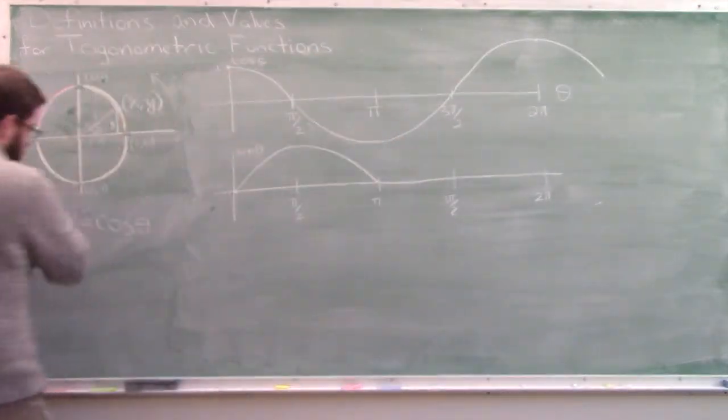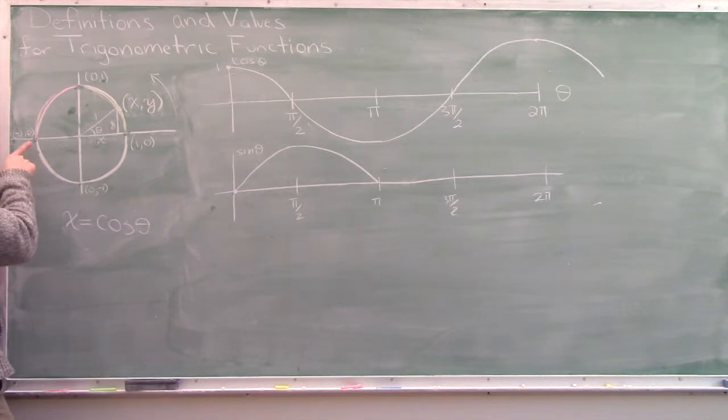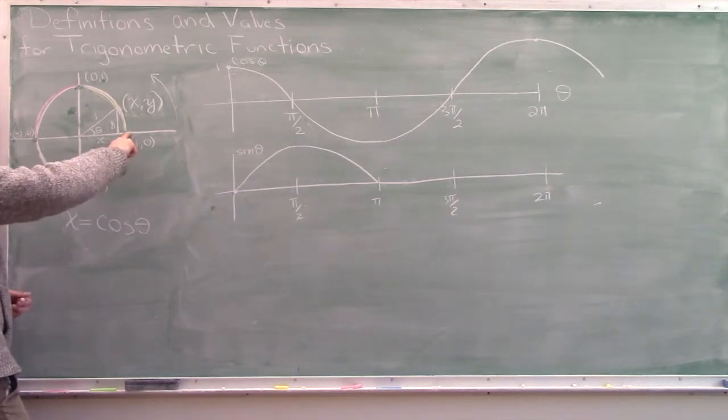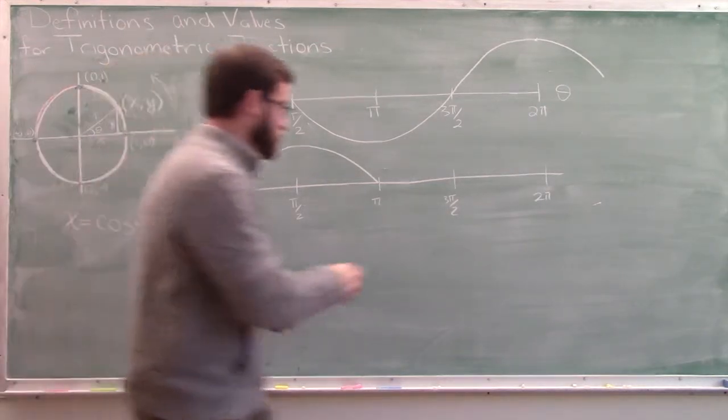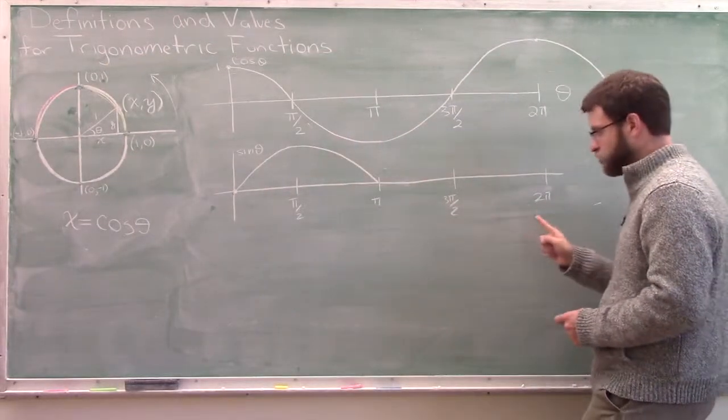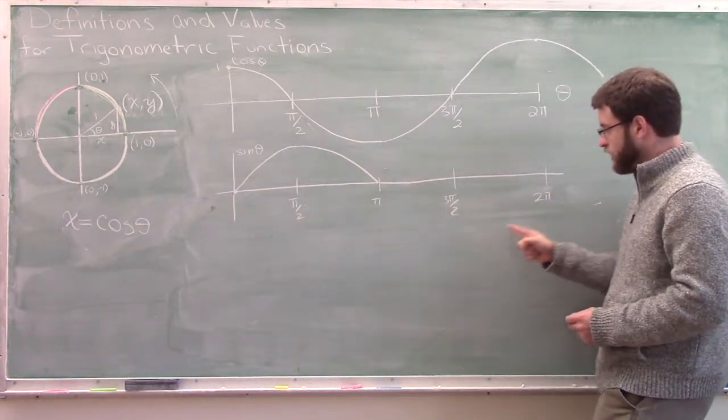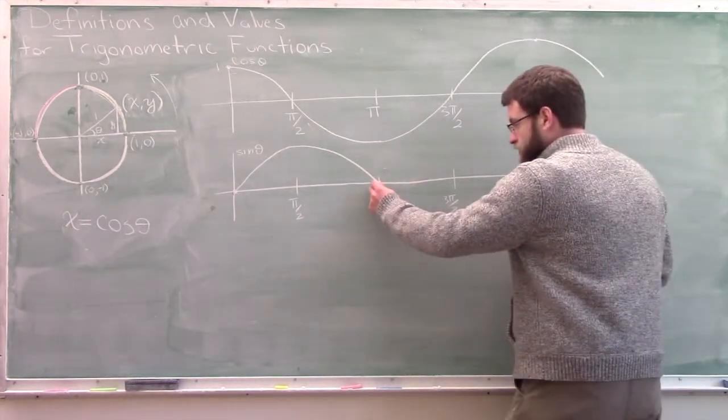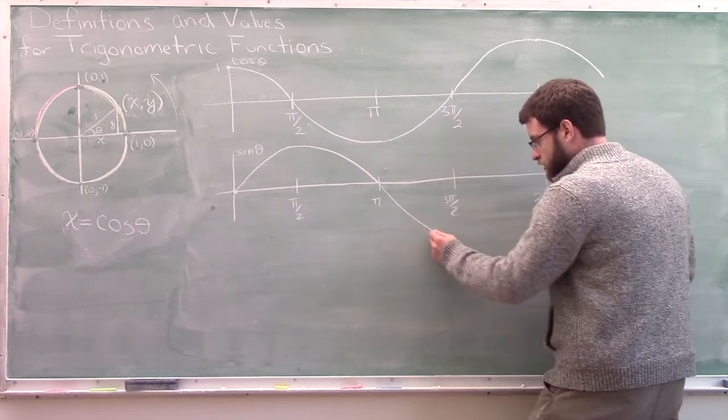Then, let's think about the bottom half of the circle all at once. We want the y value to go down to -1 and back up to 0 for the second half of the circle. So, from pi to 2 pi, we want to go down to -1 and back up to 0 when we graph sine. Go ahead and do that.